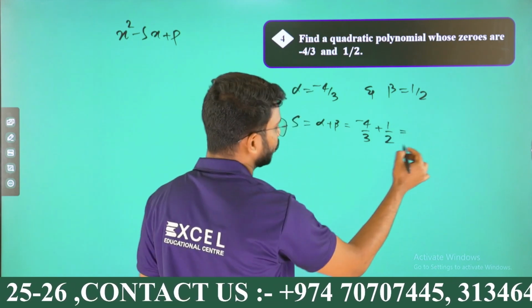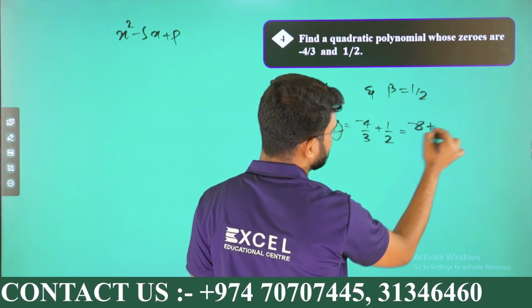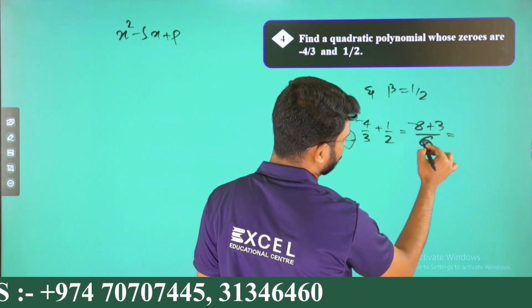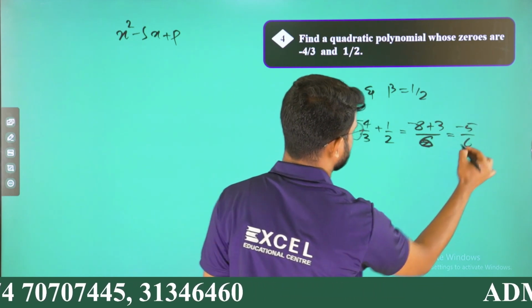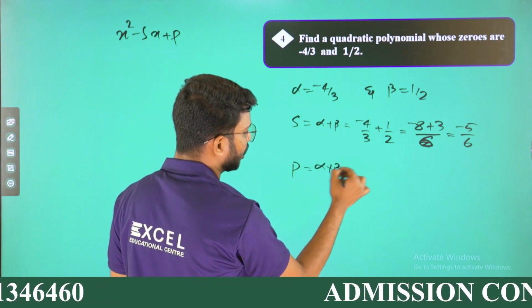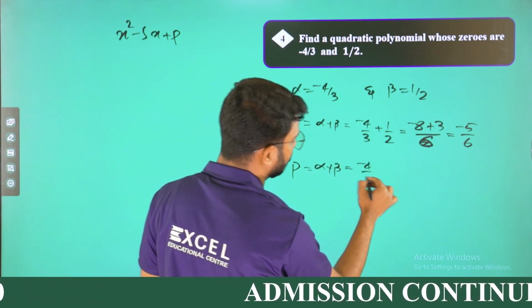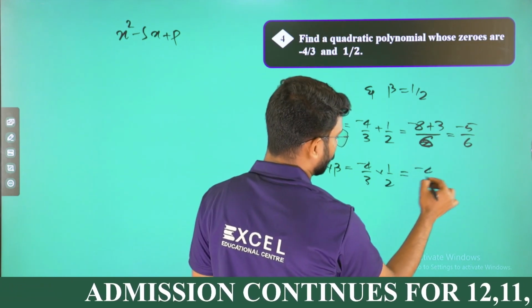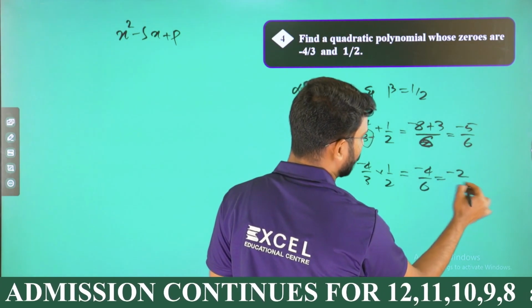Which is equal to minus 8 plus 3 by 6, which is equal to minus 5 by 6. Yes. Then the product is alpha into beta, which is minus 4 by 3 into 1 by 2, which is minus 4 by 6, which is minus 2 by 3.